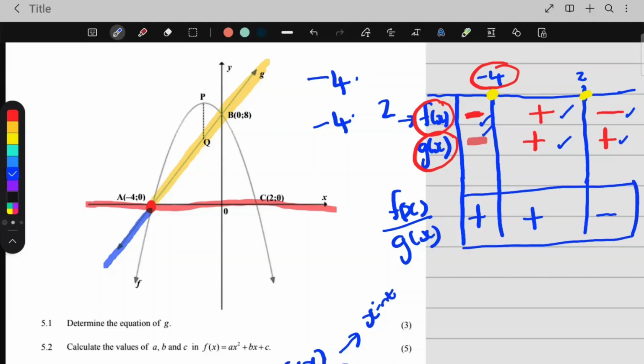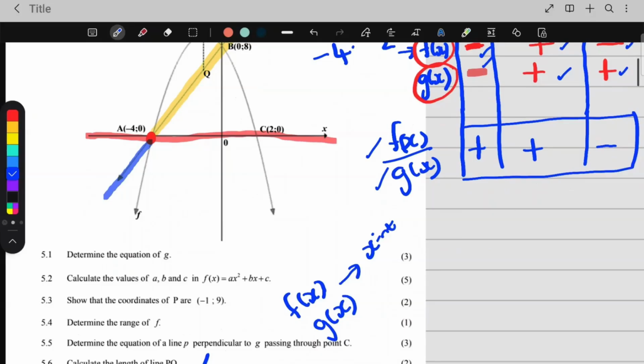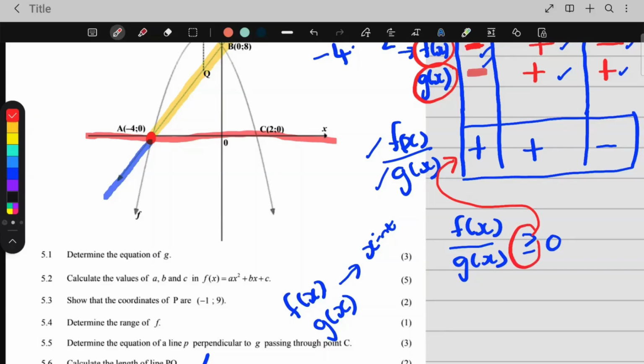Why did I divide now? Why did I say this over this? Because the question is this over this. Now the question was, where is this over this greater than or equal to 0? Because it's greater than, I'm only looking for pluses because of the greater than sign. So there's a plus and there's a plus, and there's a minus.